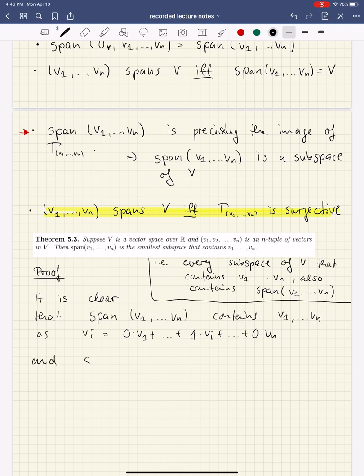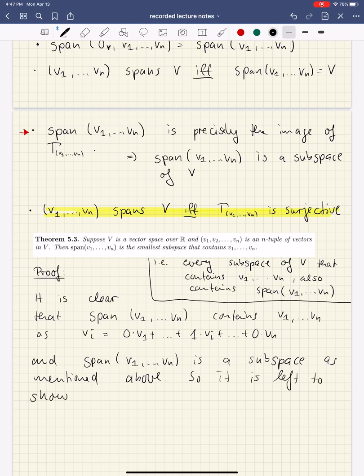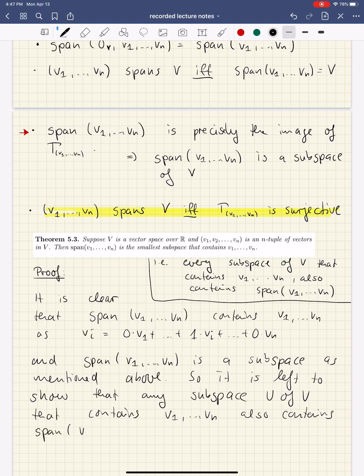And the span of v1 through vn is a subspace as mentioned above. So it is left to show that any subspace U of V that contains v1 through vn also contains the span of v1 through vn.